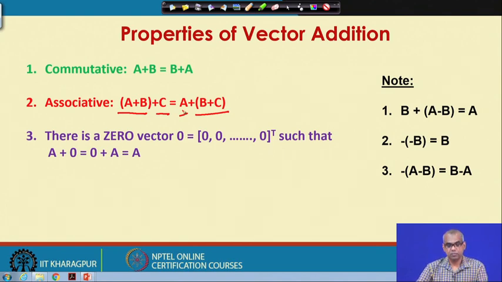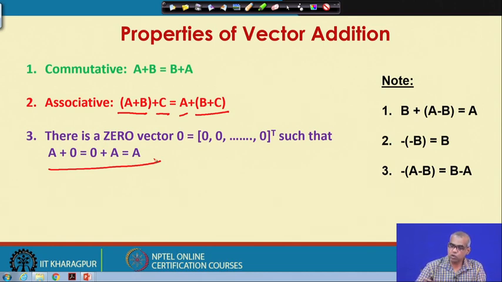There is a 0 vector for which all the elements are 0. So, if I add a 0 vector to another vector a, the result will be a. So, a plus 0 equal to 0 plus a equal to a.